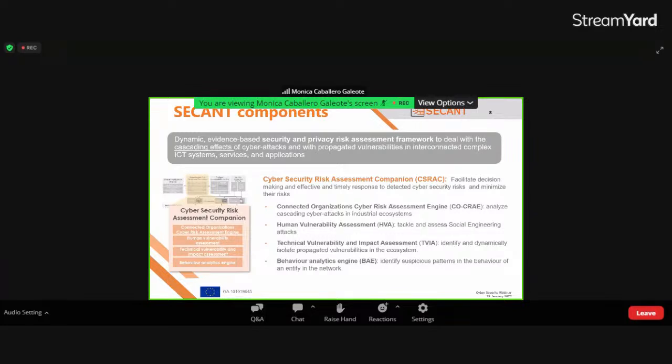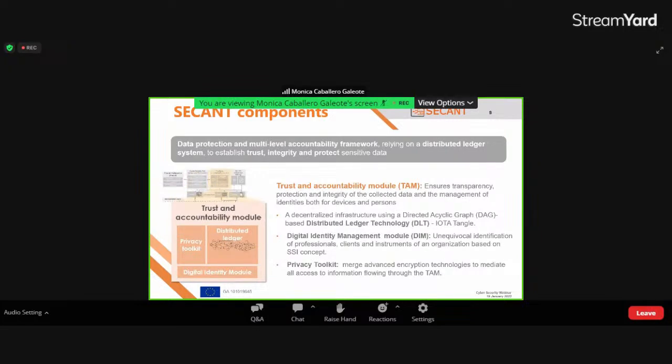The third component is a trust and accountability model that, based on a distributed ledger technology, will be responsible for verifying the integrity of the data in the platform and the supply chain. It will also establish security of devices and track provenance and integrity of their data. And it will also track the correct access to the data.